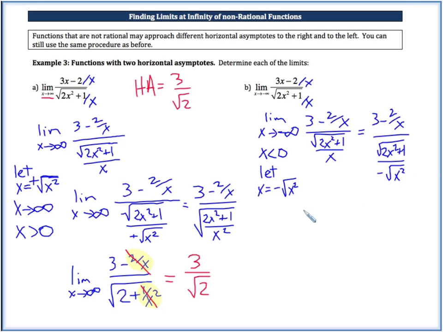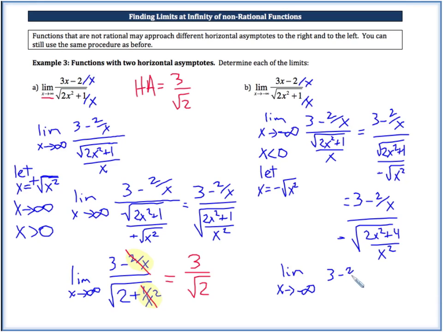We'll rewrite this again and we'll get 3 minus 2 over x over, now under one radical, negative, from that negative right there, and this is going to be 2x squared plus 1 over x squared. So now we'll write our limit as x approaches negative infinity.